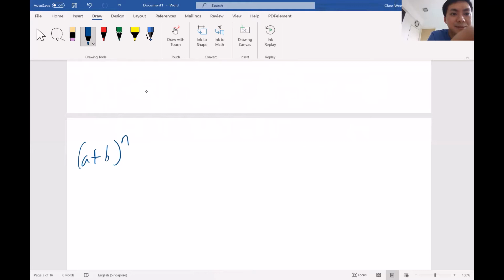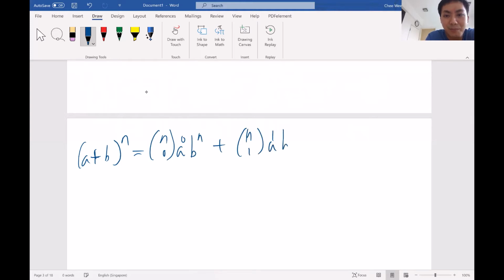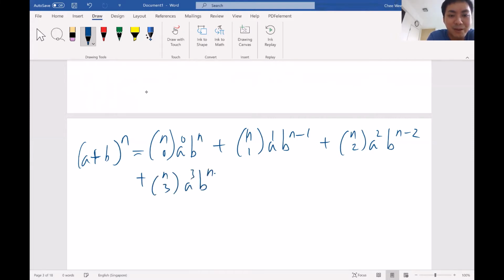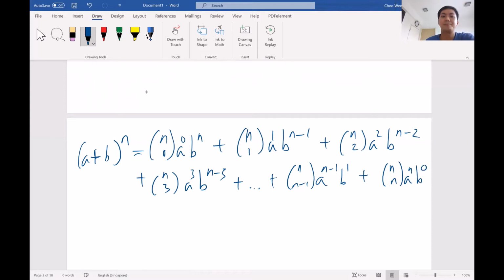So firstly, this will expand to become like this: n choose 0, a to the power of 0, b to the power of n, plus n choose 1, a to the power of 1, b to the power of n minus 1, plus n choose 2, a to the power of 2, b to the power of n minus 2, plus n choose 3, a to the power of 3, b to the power of n minus 3, plus dot dot dot, plus n choose n minus 1, a to the power of n minus 1, b to the power of 1, plus n choose n, a to the power of n, b to the power of 0.